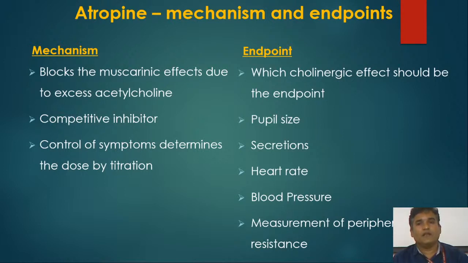The end point is when the pupil size gets normalized, secretion gets reduced, heart rate increases to more than 80, and blood pressure normalizes; then we can stop giving atropine.